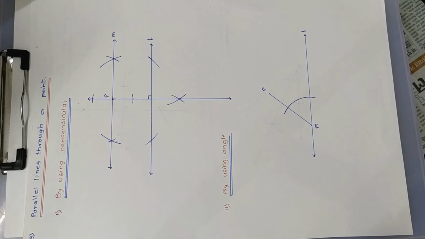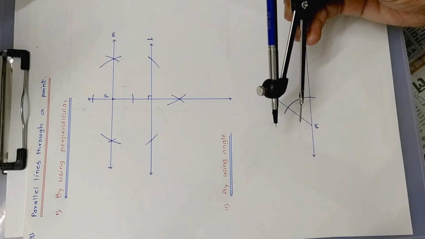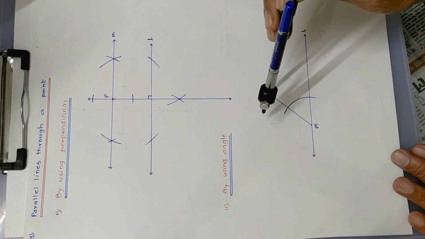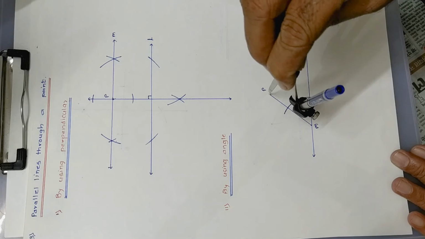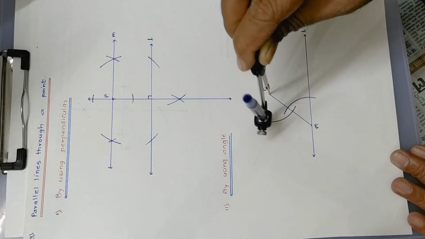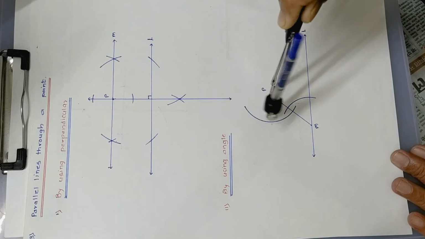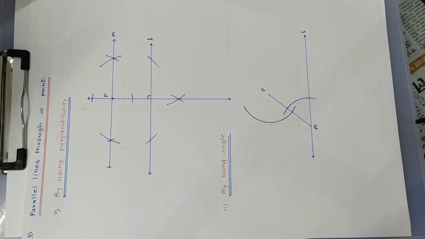Now don't change the distance of your compass, put your compass on point P like this, and whatever position you are having, draw one arc like this, complete. I'll repeat it.